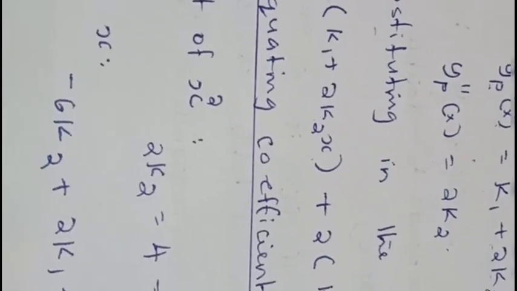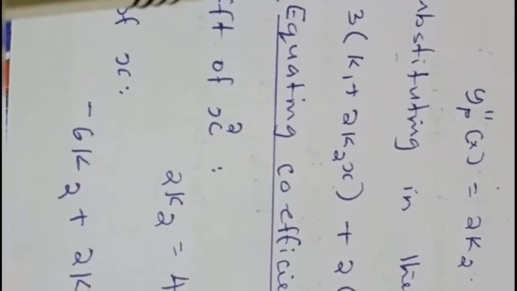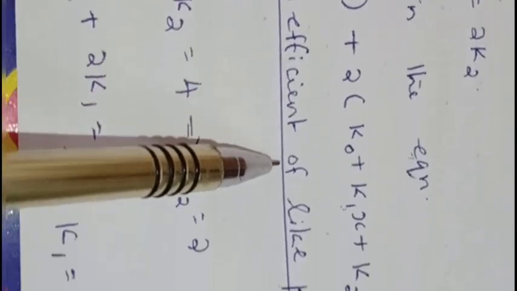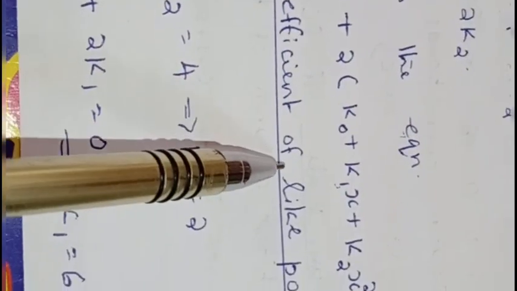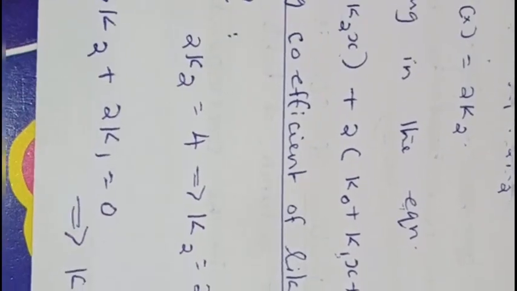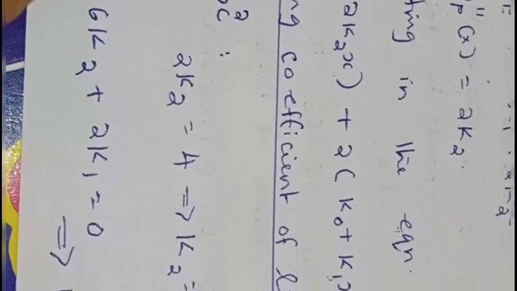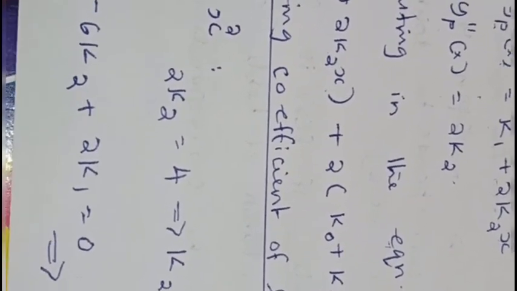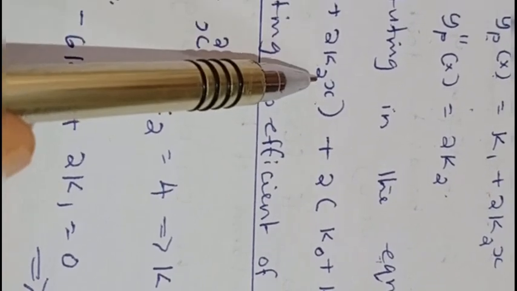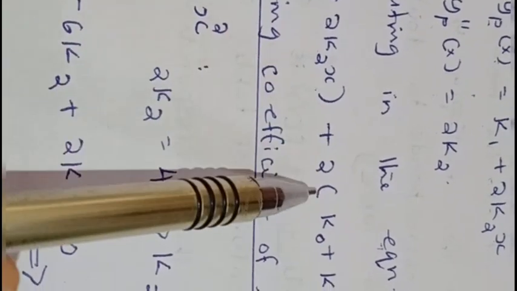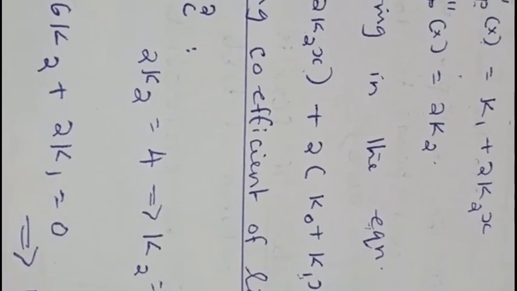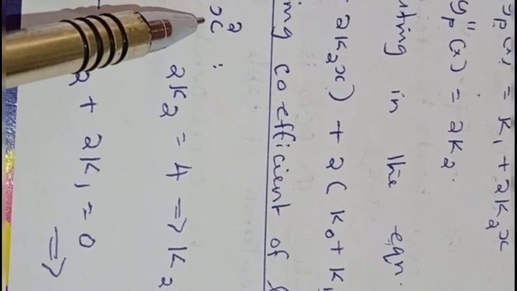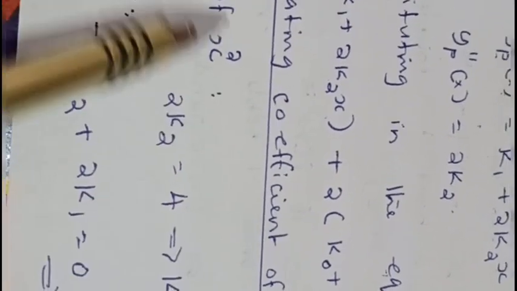Now step 3. In step 3, we are equating coefficients of like powers of x. You see the substituted equation. It contains constants, terms containing x and terms containing x square. First we equate the coefficient of x square on both sides.